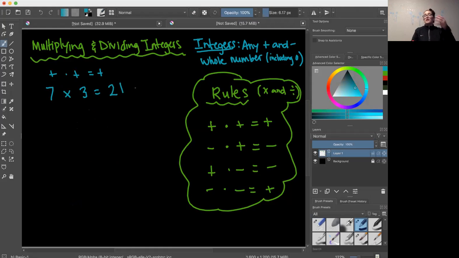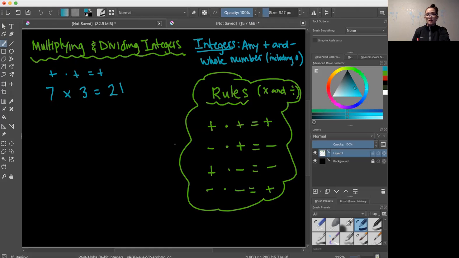Again, another thing that is really going to help is if you know your multiplication facts from 0 to 12. You really need to be fluent in those facts for this to come natural to you. So this was a positive times a positive.